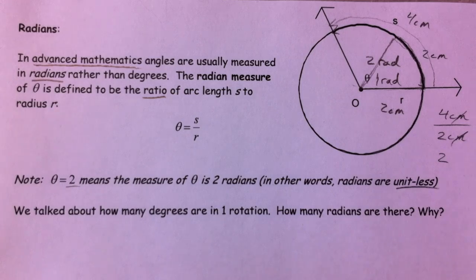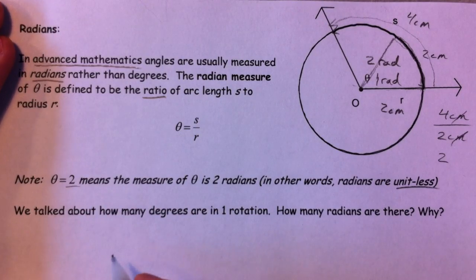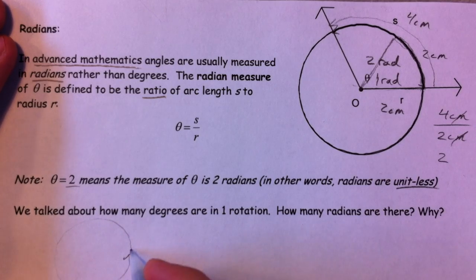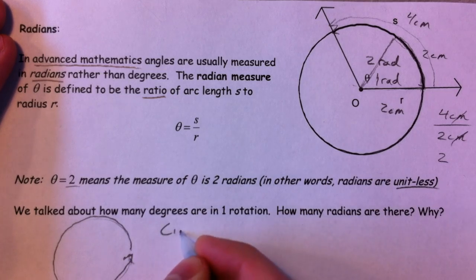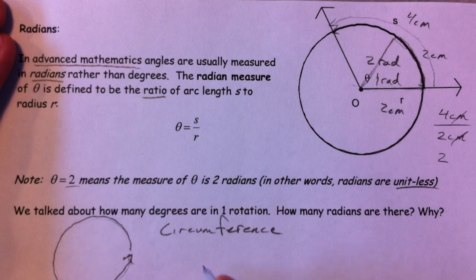So, 360 degrees in one rotation, how many radians? Well, think about if you went all the way around the circle, on the outside. That's what we call the circumference. You guys learned about how the circumference was 2 pi r.